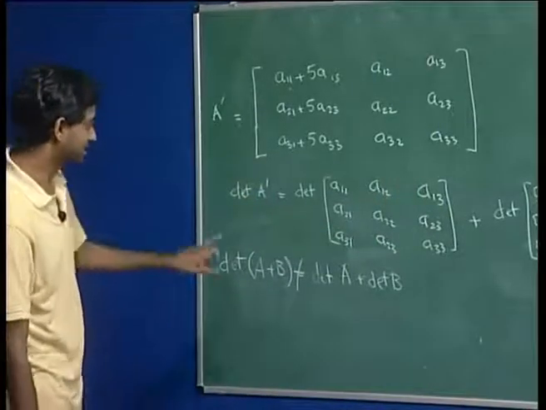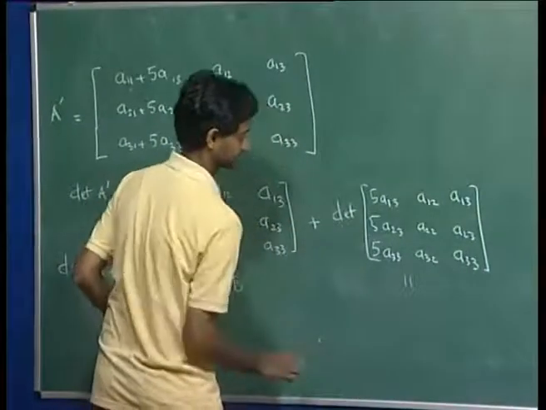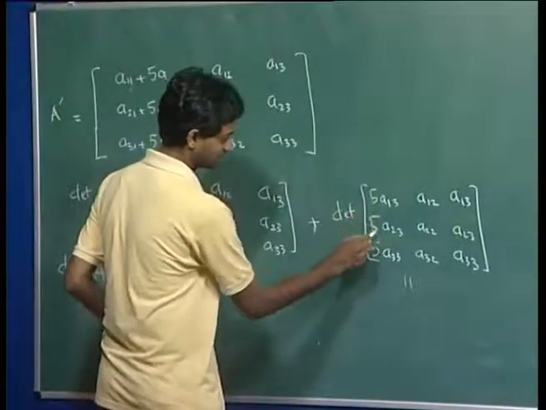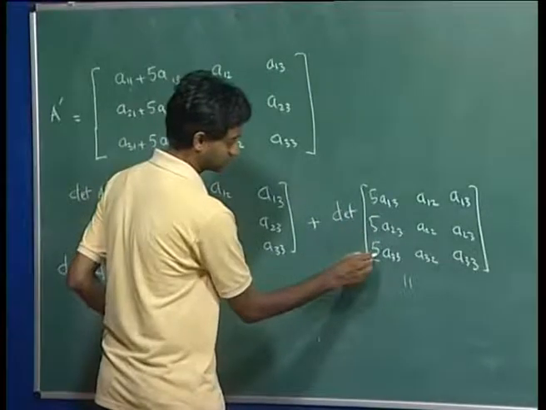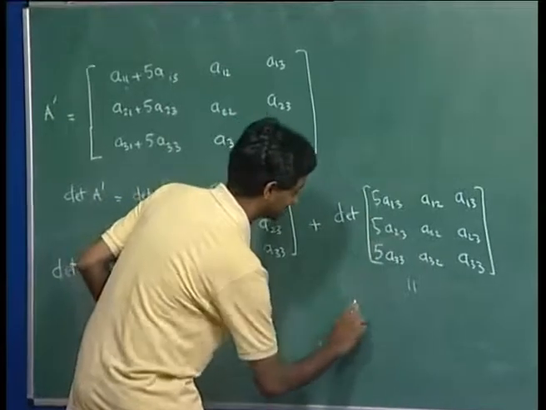The other property is that whenever you multiply the elements of one row by a scalar, then the determinant gets multiplied by the scalar.